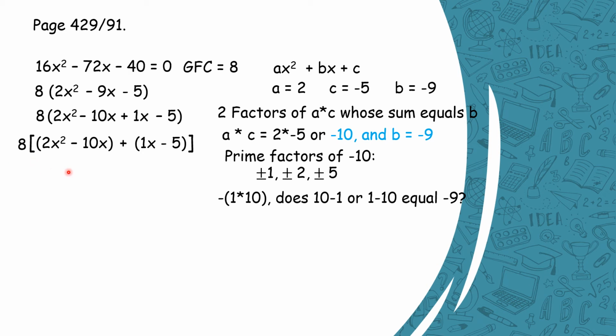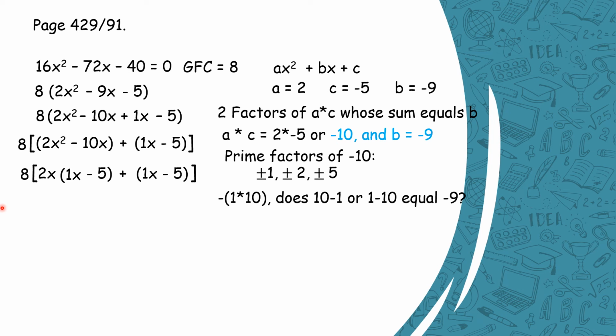Now in the bracketed terms, we can take out greatest common factors still to simplify. For 2x squared minus 10x, we can factor out a 2x, which is the greatest common factor, and have left inside a 1x minus 5. The second group is prime, so we'll just keep it as such, 1x minus 5.